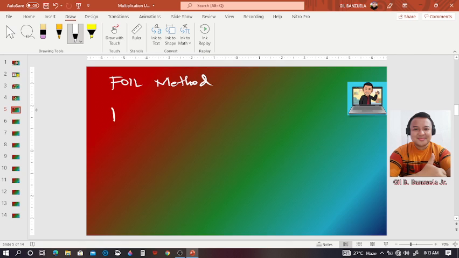So, halimbawa, ganito. 12 times 13. Ayan. So, paano namin yan gagamitin dito? Magandang tanong yan. So, ganito lang yan. So, place value tayo, no? So, 10 plus 2. We are going to break down 12 into 10 plus 2 kasi mas magaan, di ba? Yung isa, 10 plus 3.